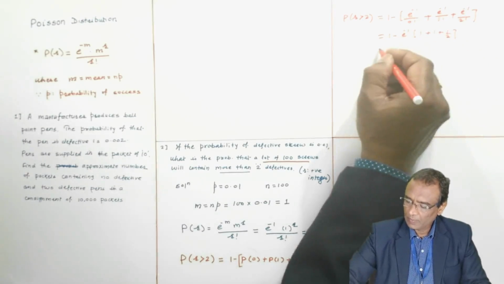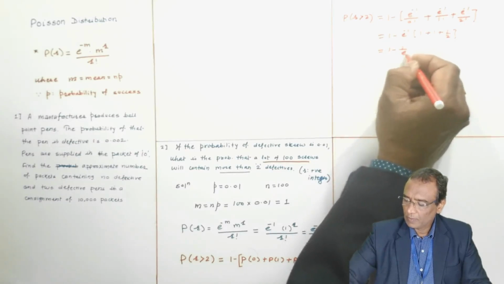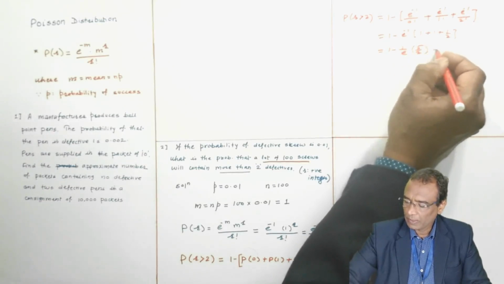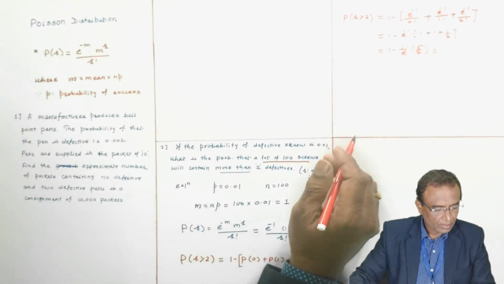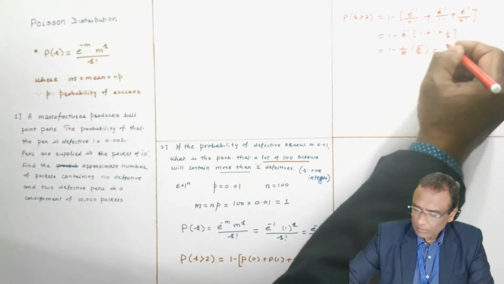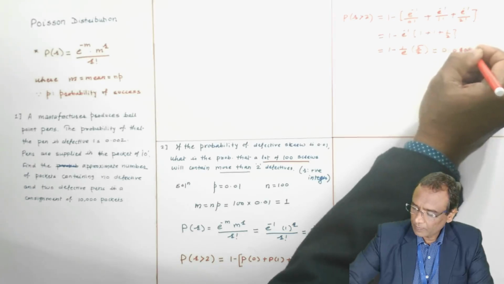What is this now? 1 minus e to the power minus 1 times 5 by 2, since 2 plus half is 5 by 2. If you use the calculator, this value is 0.0803.